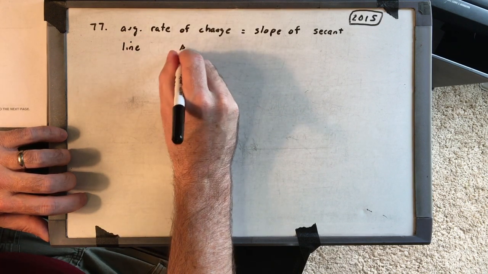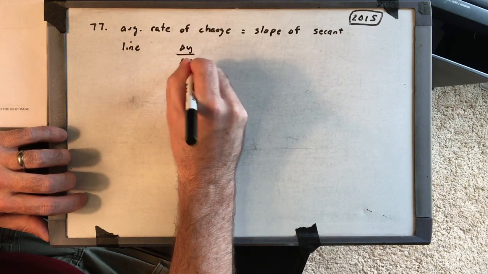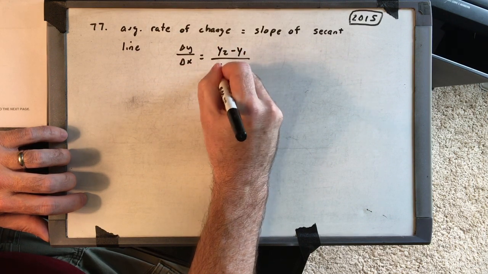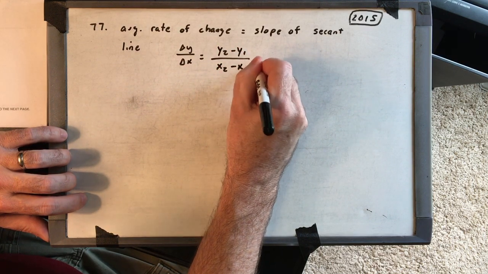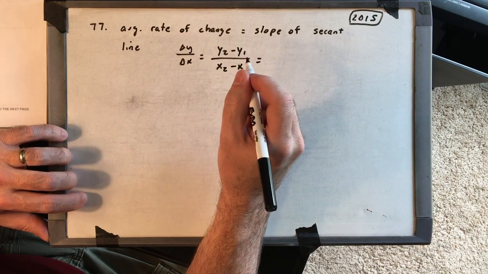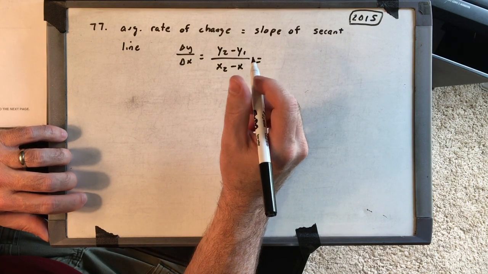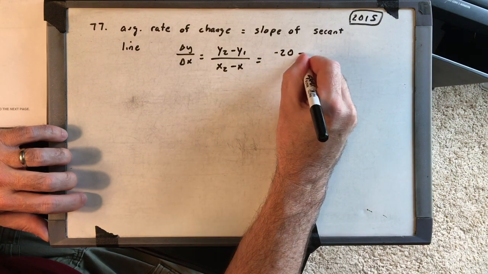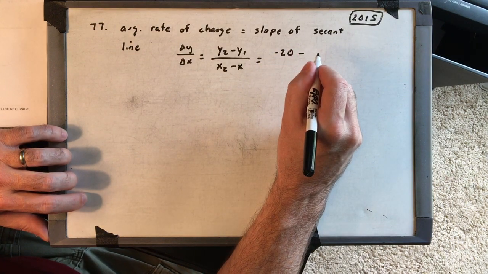So that's just going to be the change in y over the change in x: y2 minus y1 over x2 minus x1. Well, if we're going from 0 to 10, what is y2? It's negative 20, looking at the table. What is y1, our first y, when x is 0? It is 5.